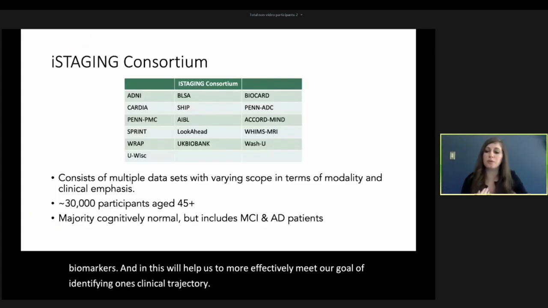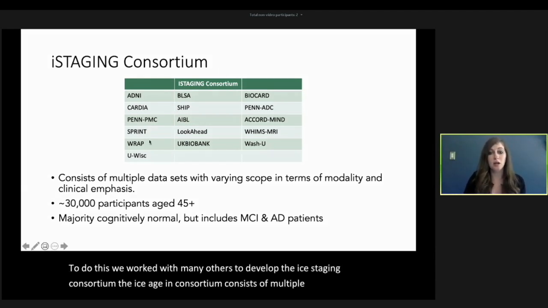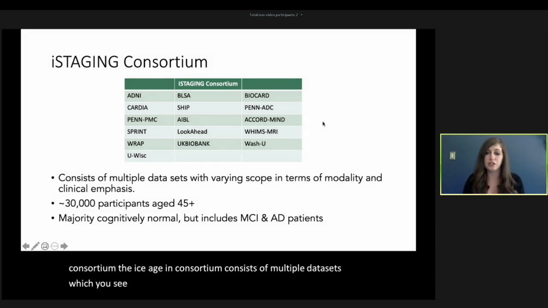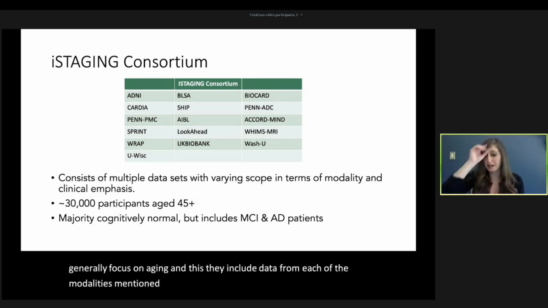To do this, we have worked with many others to develop the iStaging Consortium. The iStaging Consortium consists of multiple data sets, which you see here, and they have varying scope, but really they generally focus on aging. And they include data from each of the modalities mentioned previously, so MRI, PET, and also the clinical and cognitive domains.